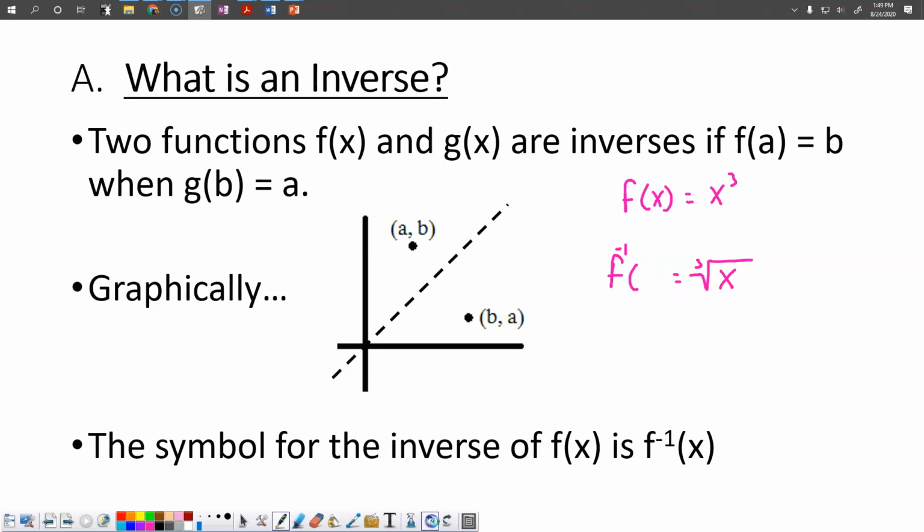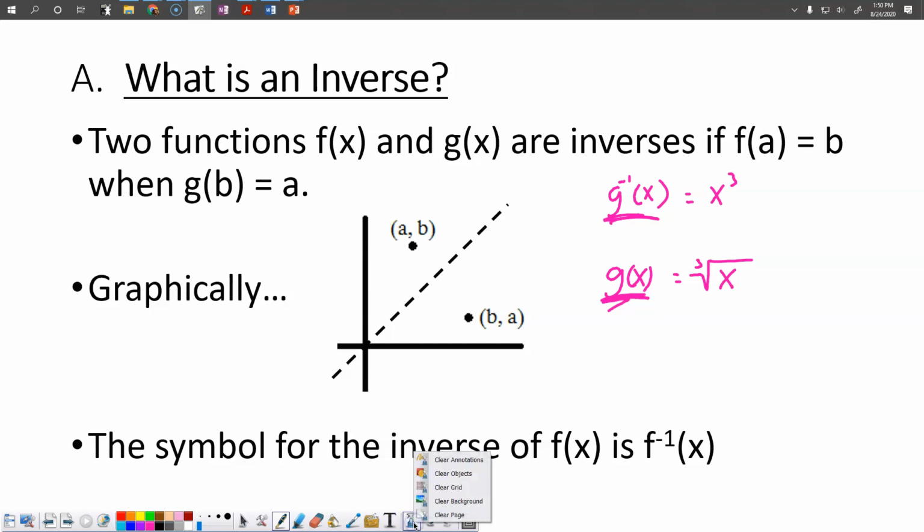Or, instead of calling that one f inverse of x, I could have called the one on top g inverse of x. The point is that if they're inverses, this is the notation that we can use to show that. You don't have to. You could really just name them as two separate functions, because they really are two separate functions. But it's nice to have this situation, because then you know how they're related. And sometimes it's not really so obvious that they are.